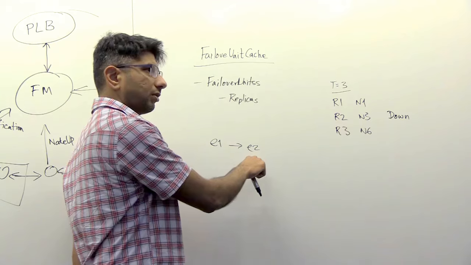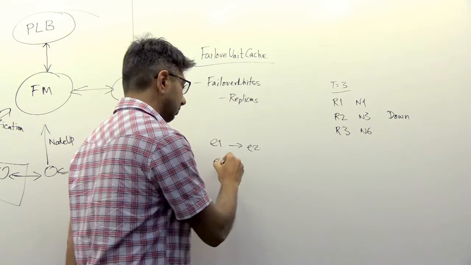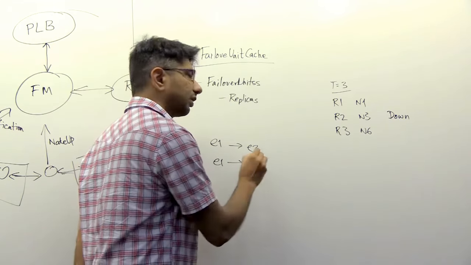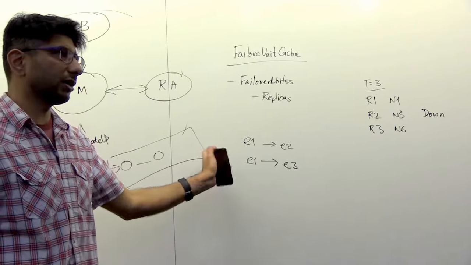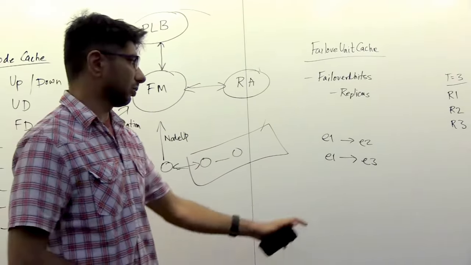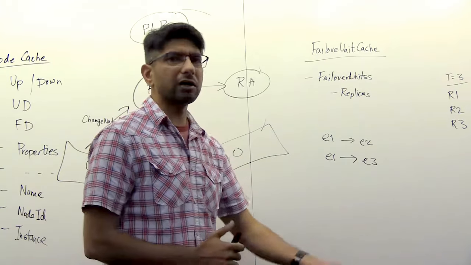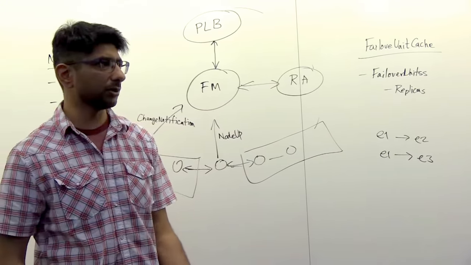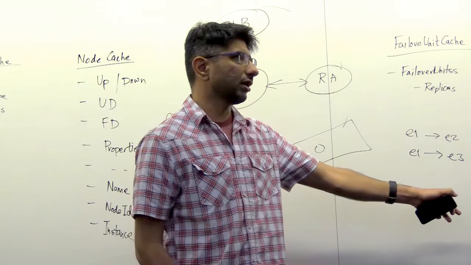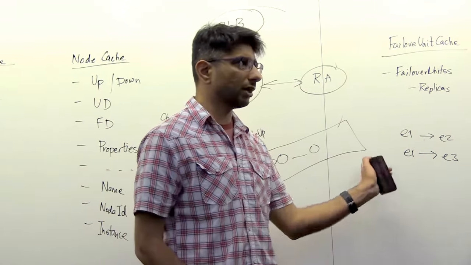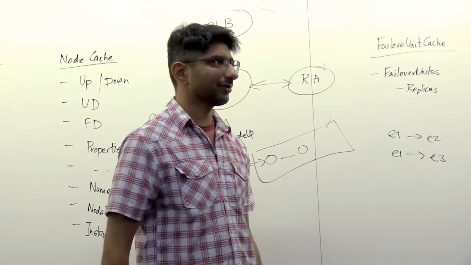So a message goes back, and FM will start another from E1 to E3. We stay at E1 until the reconfiguration completes. There can be E3, E4, E5, because while the reconfiguration is going on, failures may still happen. Anytime a failure happens, the epoch changes, and only once the reconfiguration is complete do we switch. Until then, we stay at E1.